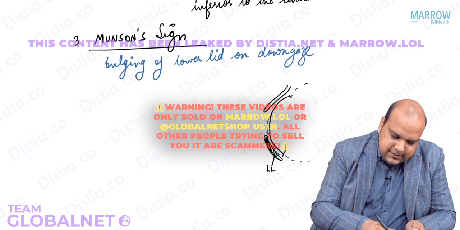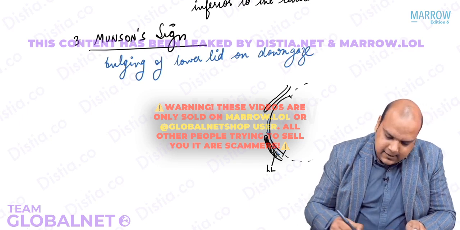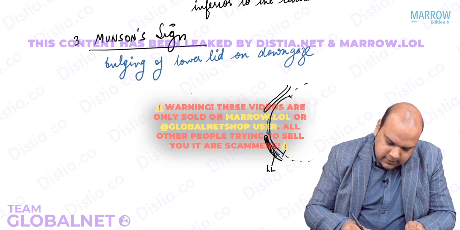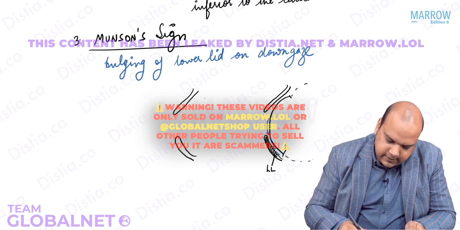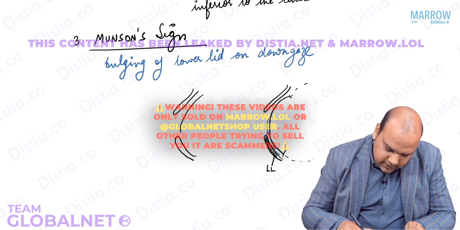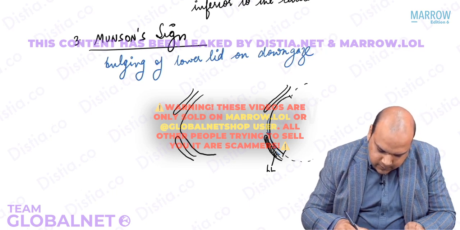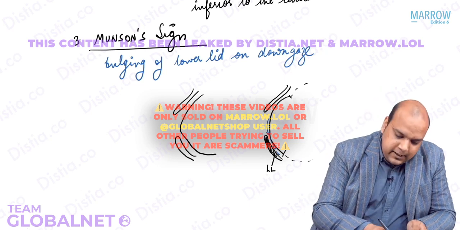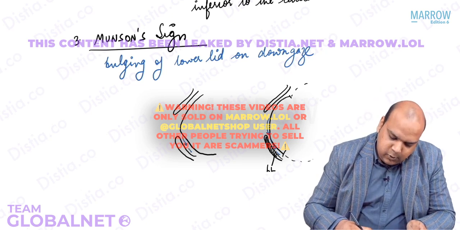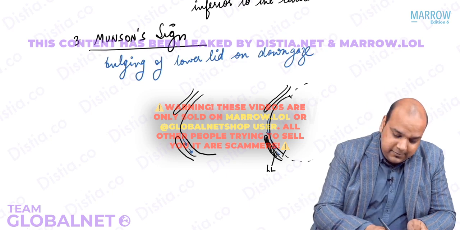But let us see what will happen in the case of keratoconus. This is my upper eyelid. This is my lower eyelid. But my cornea is slightly cone-shaped. Can you see, everybody? Cone-shaped. Now when you try to look down, what will occur, everybody?